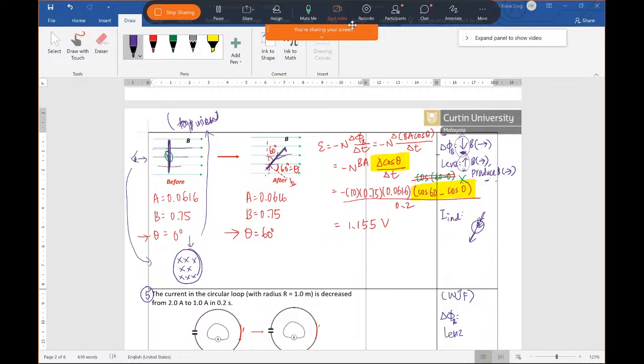Okay, so it's going to the right. So compare your finger now, your right hand, with the coil.